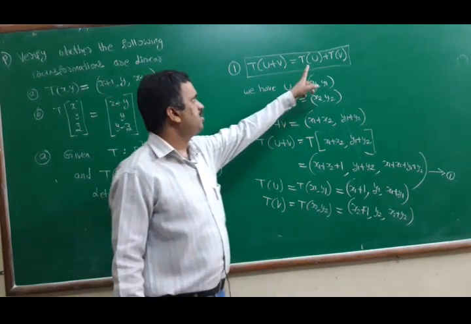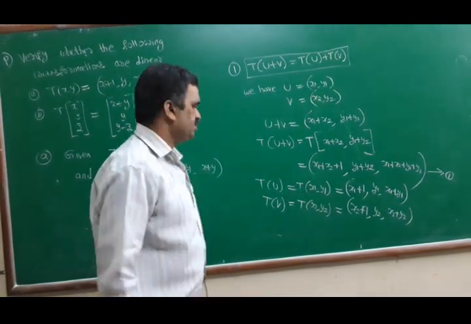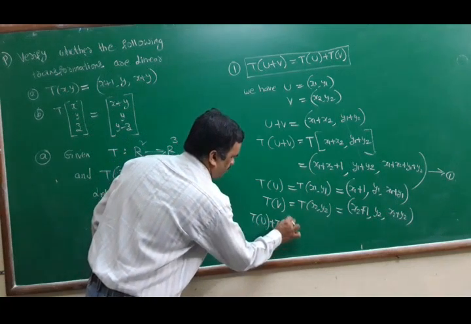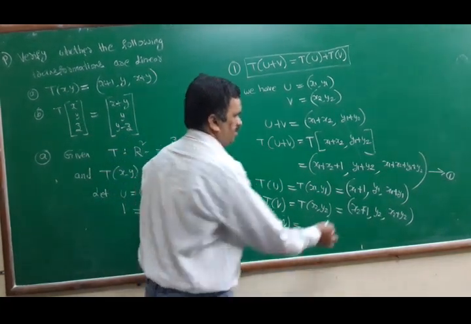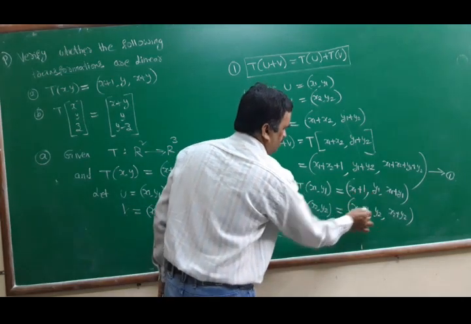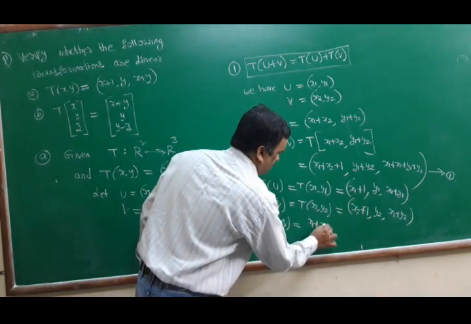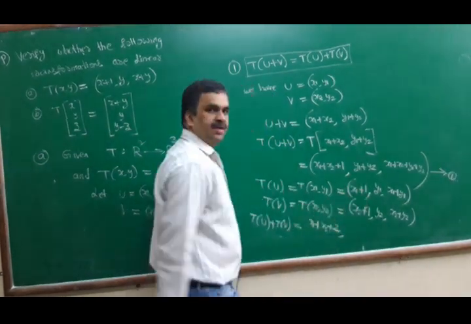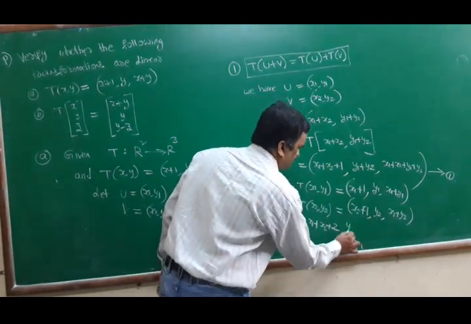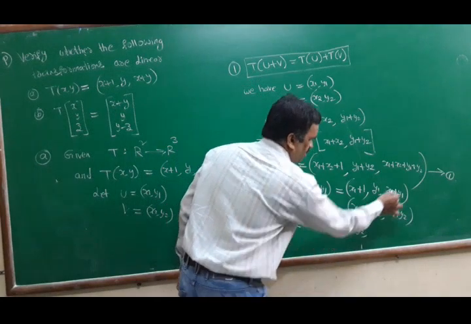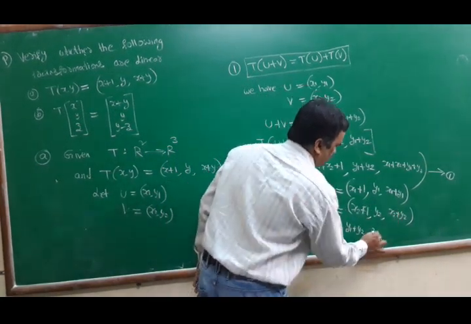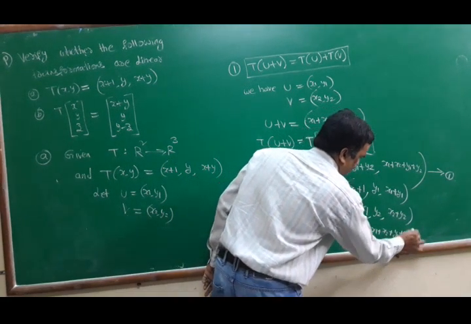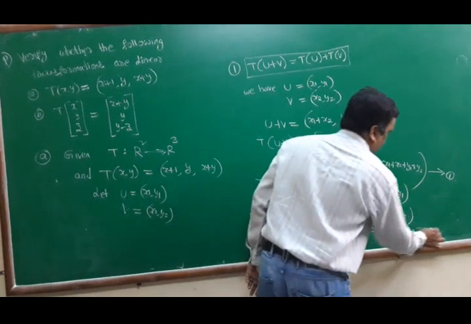Now we want T of u plus T of v. T of u plus T of v equals x1 plus 1 plus x2 plus 1, total x1 plus x2 plus 2, since 1 plus 1 is 2. And similarly y1 plus y2. Next we have x1 plus x2 plus y1 plus y2. This is the right hand side, equation number 2.